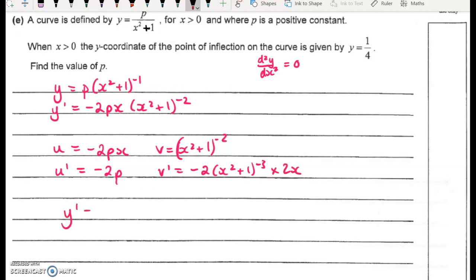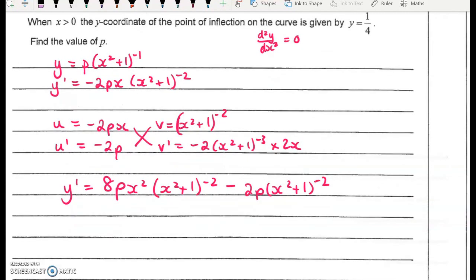So then the derivative of y will be this bit times this bit, so we get 8px (x squared plus 1) to the minus 2, minus 2p(x squared plus 1) to the minus 2. Sorry, a little transcription error there.